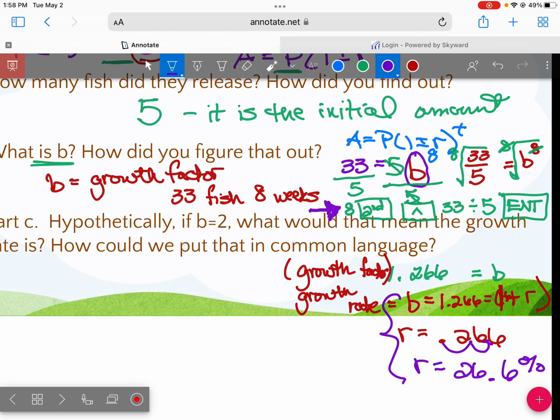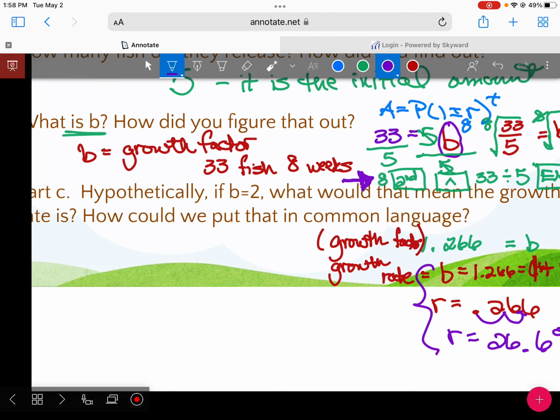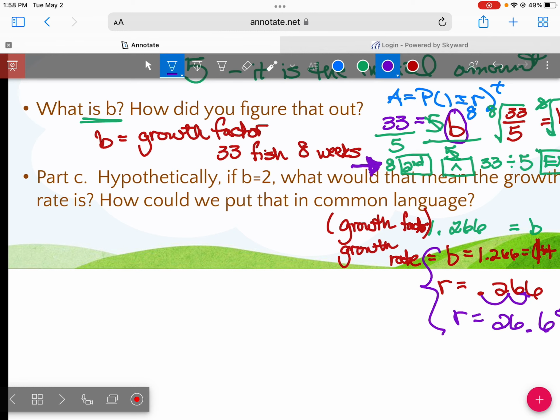So you start with 8, second caret, and then whatever it is you're taking the 8th root of, and then enter. Did you get it? All right. I can show you towards the end of class too, just to make sure. Okay, let's go on. Did you get it? Kind of? Yeah.